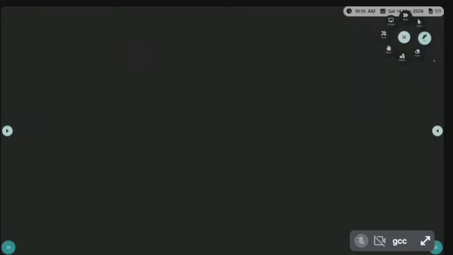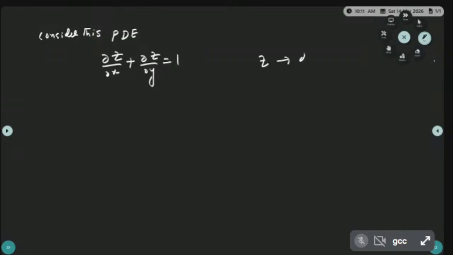Everyone, consider this partial differential equation. This variable z is dependent where x comma y are independent.